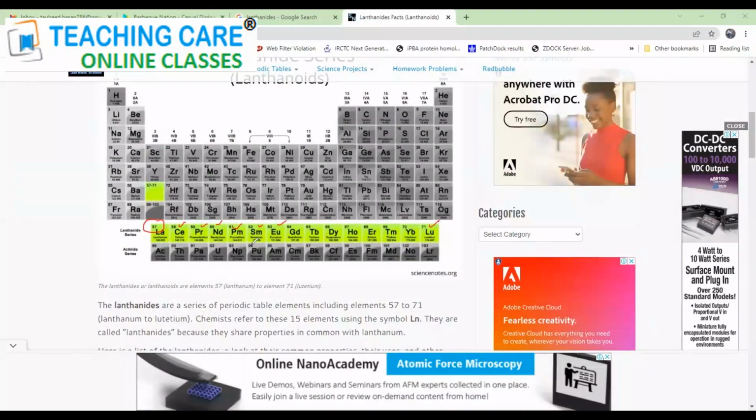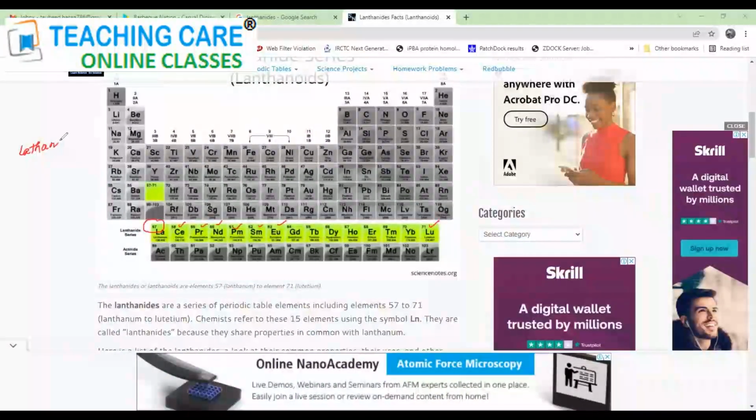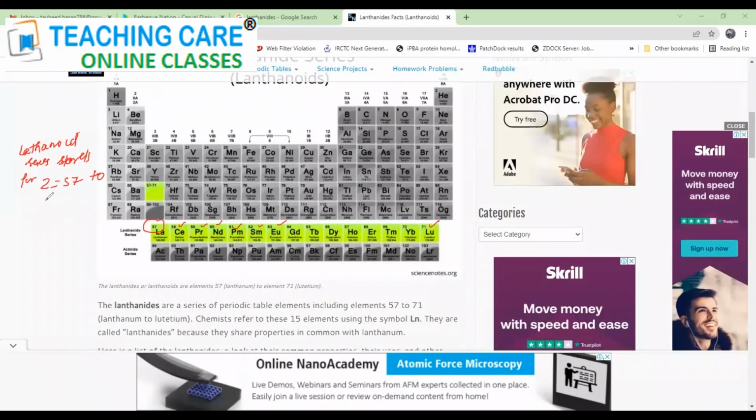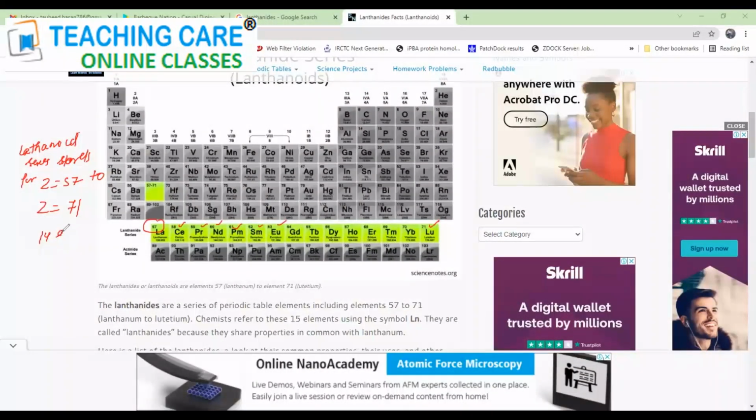Okay. So you can write it: the lanthanide series starts from Z = 57 to Z = 71. And how many elements are there? 14 elements are there.